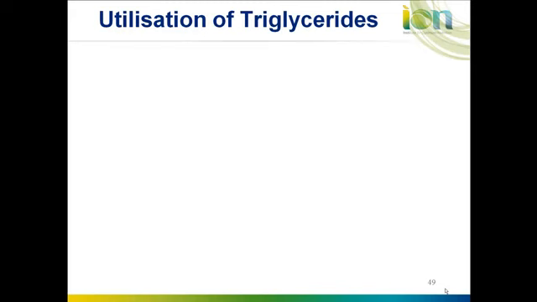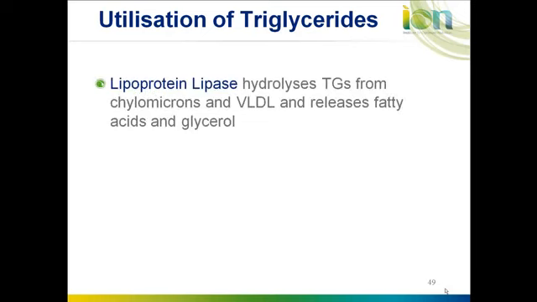So what happens when chylomicrons, or the very low density lipoproteins, transfer their triglycerides to adipose tissue is that there's an enzyme on the surface of the adipocytes, so the fat cells, called lipoprotein lipase. And this hydrolyzes triglycerides, so it catabolizes them into fatty acids and glycerol.